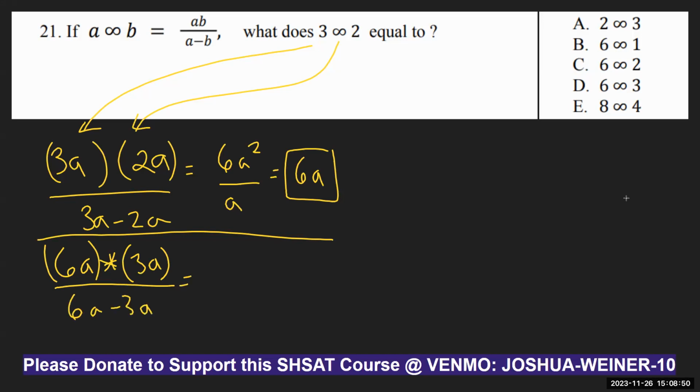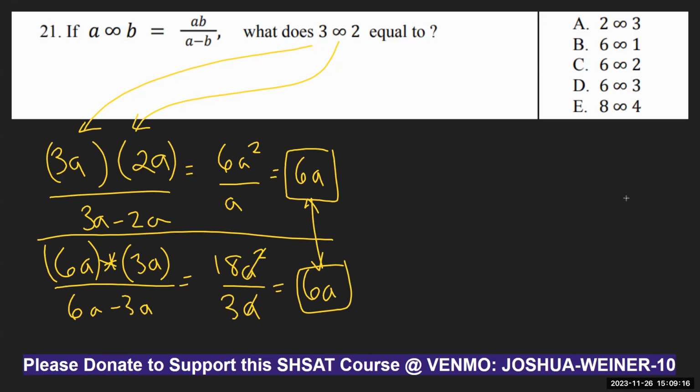It doesn't matter what A is. 6 times 3 is 18A squared, and 6A minus 3A is 3A, so A will cancel, and we'll also get 6A, because 18 divided by 3 will always be 6. So it does work out for D.